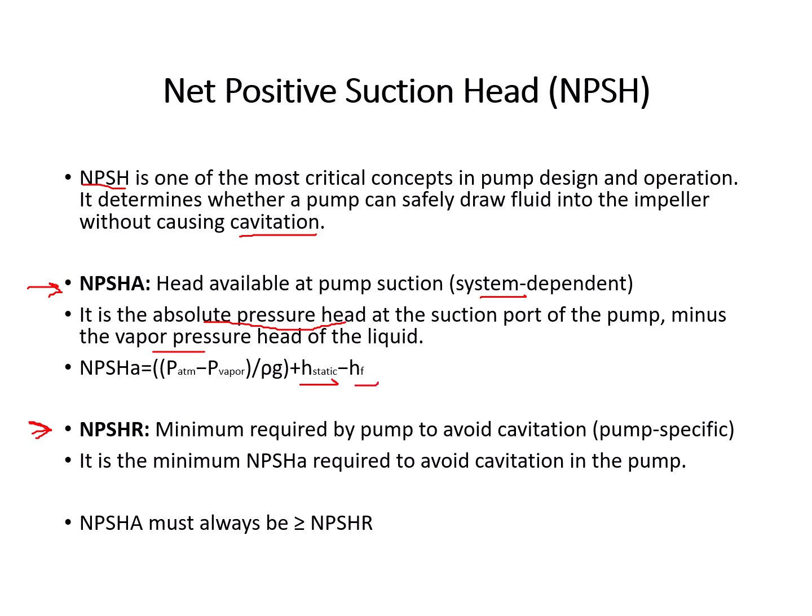HF is the friction loss in the suction piping. So it is the net positive suction head available to avoid cavitation.